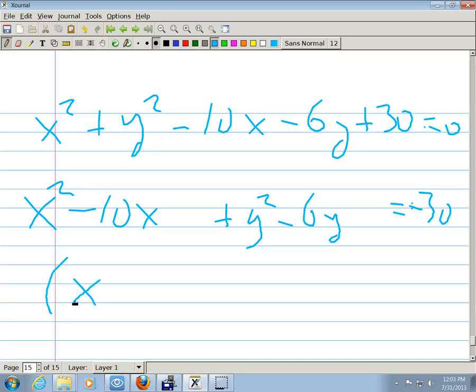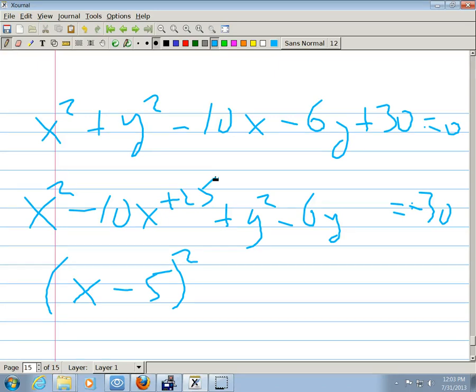When the number you have with your x is half of that negative 10. Now, square the negative 5. What do you get? 25. Add that over here. If I factored x squared minus 10x plus 25, I would get this, because negative 5 times negative 5 is positive 25, and negative 5 plus negative 5 is negative 10.